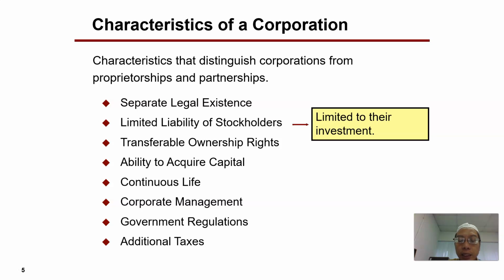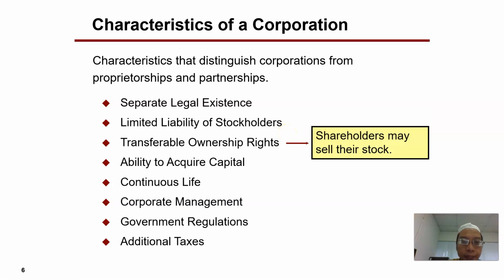Whereas in the sole proprietorship as well as the partnership, whenever those types of businesses are wound up and they need to pay for the debts, then the private property of the owners, the sole proprietor as well as the partners, will need to be taken, will need to be liquidated in order to pay for the debts of the business. And this is different from corporations.